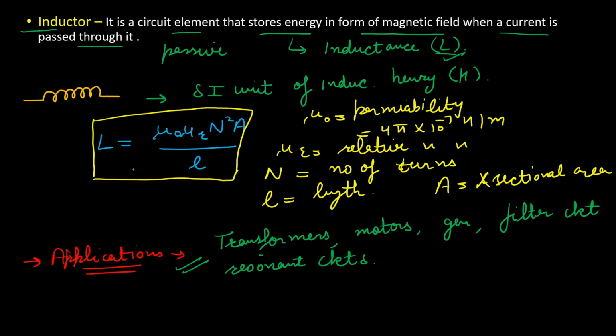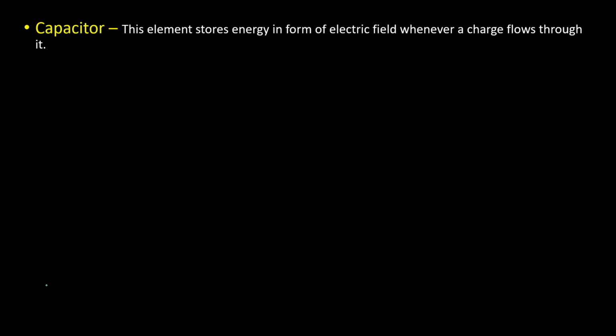The next element over here is your capacitor. So what is a capacitor? It is a device that is used to store energy in the form of an electric field whenever a charge flows through it.